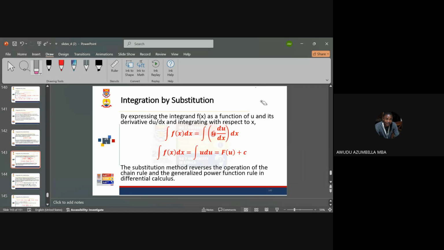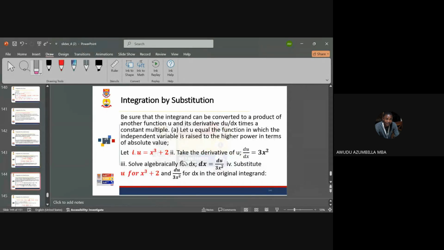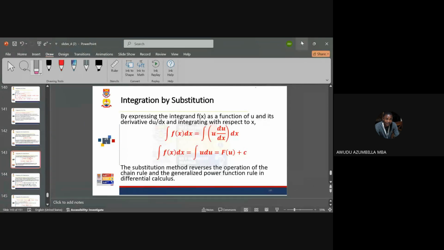So let's quickly look at it. Let's do that and see what we are going to get. So we're following this formula. It means that this is where the calculation starts, but I think I can work it on the other board, so let me go back there.